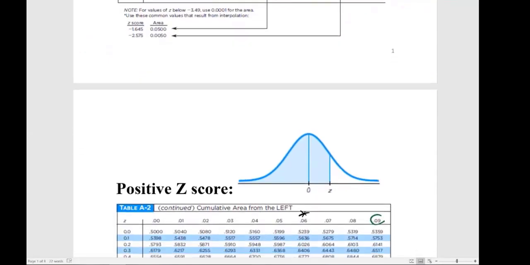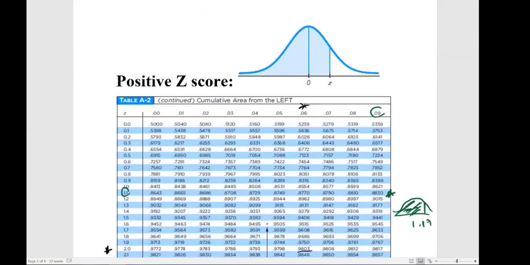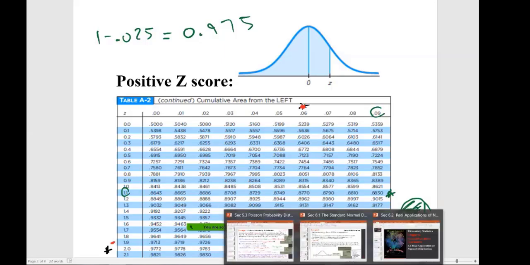So for a positive z-score, I'm looking for 1 minus 0.025. That means I'm looking for this area, 0.975. And now I do the reading. I see 1.9. Up here, 0.06. There you have it. So that would be dealing with the table.